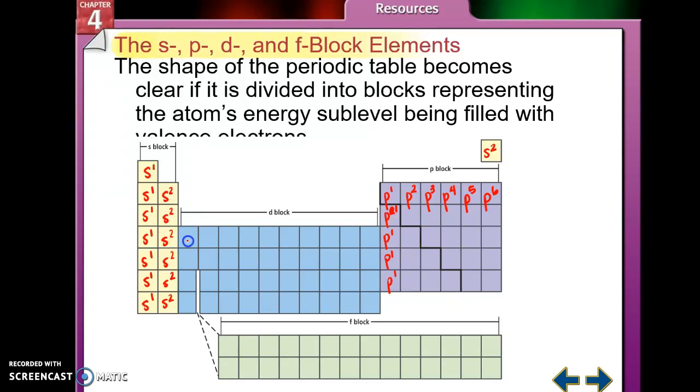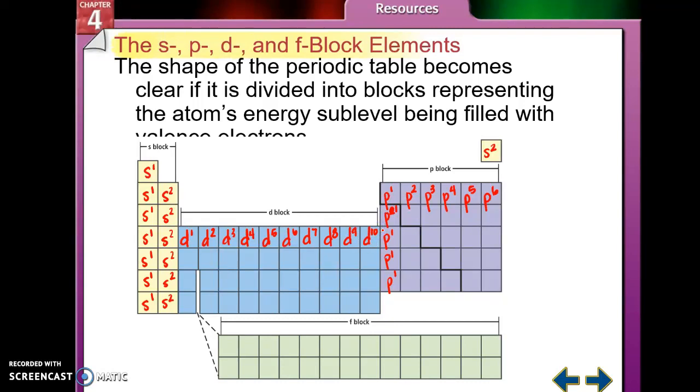And then the d block is conveniently 10 across because it corresponds to that number, 10.